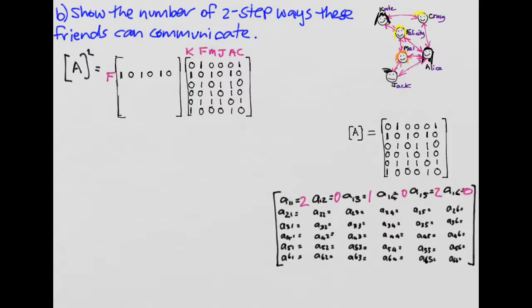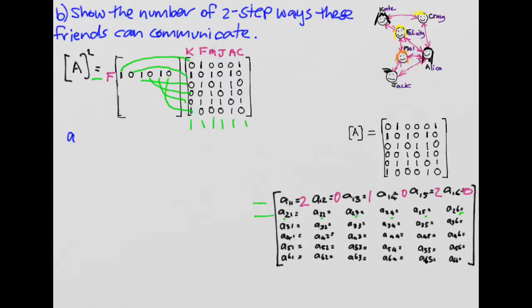Once we've worked out the first row of the new matrix, we can go on to the second row. So now we're using the second row, which is Felicity, and we're going to multiply out by each one of these columns to get each of your positions in row 2 of your new matrix. Alright, so for A21, we've got this multiplication to do.